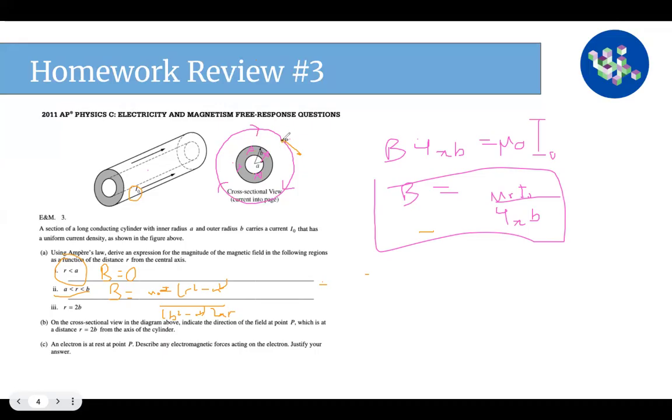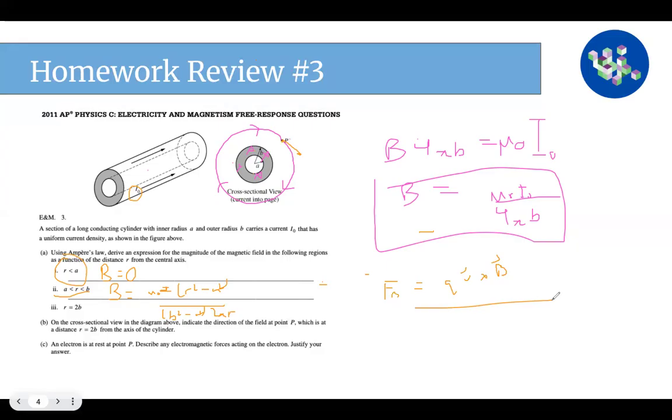Now remember when we talked about the magnetic force, right? We had F magnetic equal to Q times the velocity vector crossed with the magnetic field vector. What this means is that if you have a charge in a magnetic field and it experiences a force, you first have to have a non-zero velocity and a non-zero magnetic field.